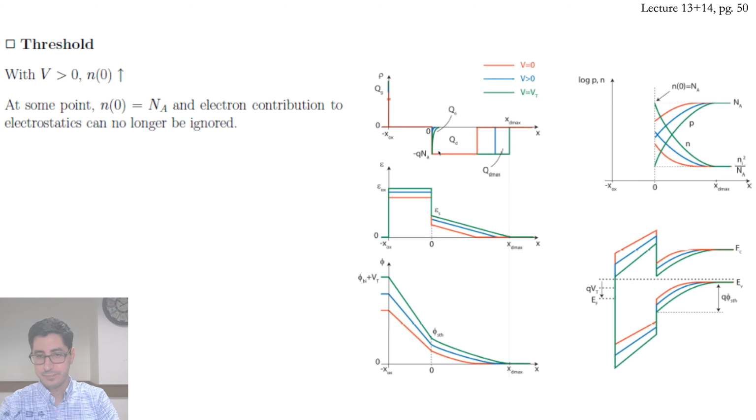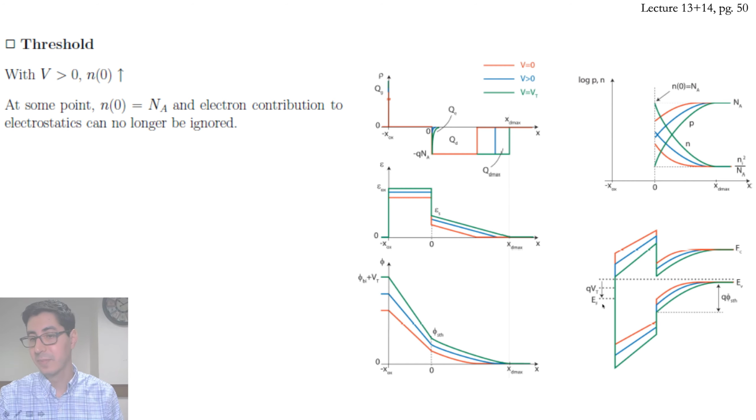Now, what we're going to see is past threshold, my depletion width doesn't change that much. Why is that? Because as I go past threshold, I mostly just modulate my electron charge at the surface, and I no longer am changing my depletion charge anymore. That's what's going on, right?